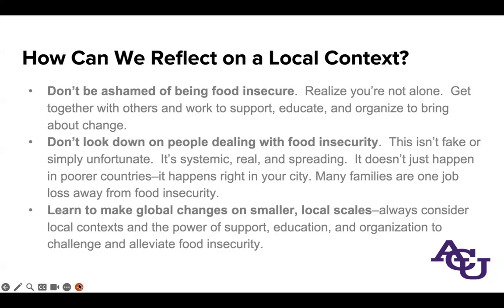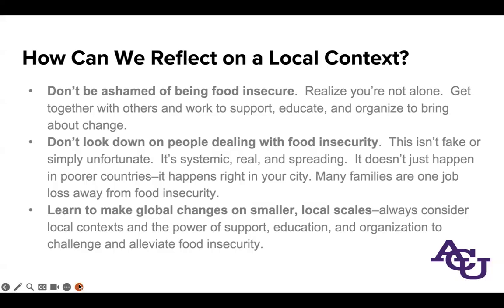Food insecurity is systemic. If you go to an inner city and you're seeing liquor stores and convenience stores, but you're not seeing a place where you can buy fresh fruit, fresh vegetables, that's systemic. There are bigger issues going on there.